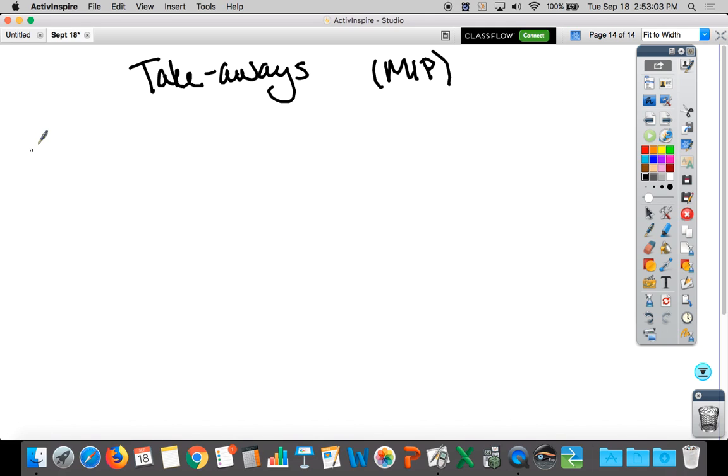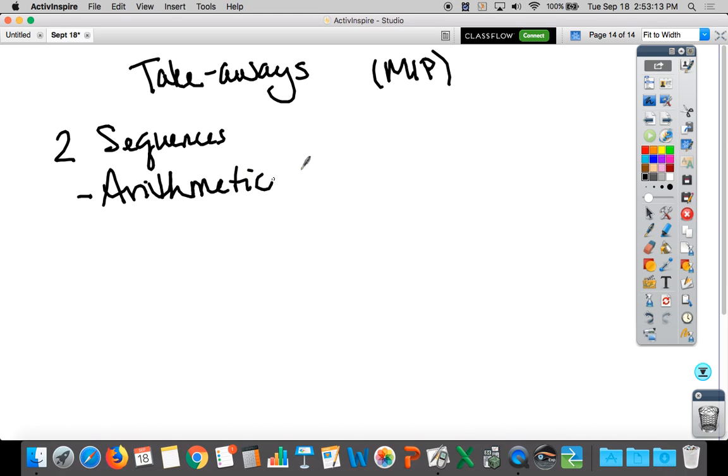First of all, we've got two different types of sequences. Tell me what they are. What's the difference? Which one? Okay, common difference.